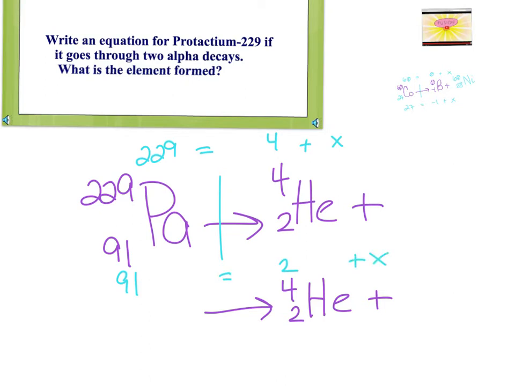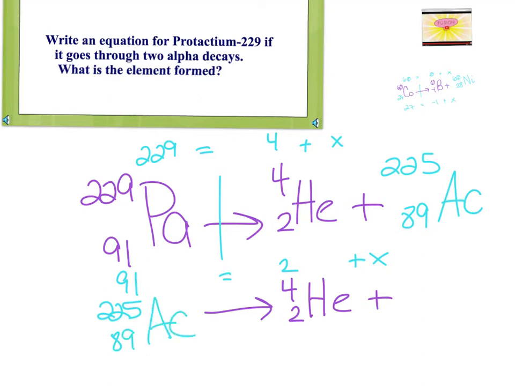So what's on the top in the first one? 225. What's on the bottom? 89. And what's 89? Actinium. So then my 225 actinium becomes the reactant in the next round.